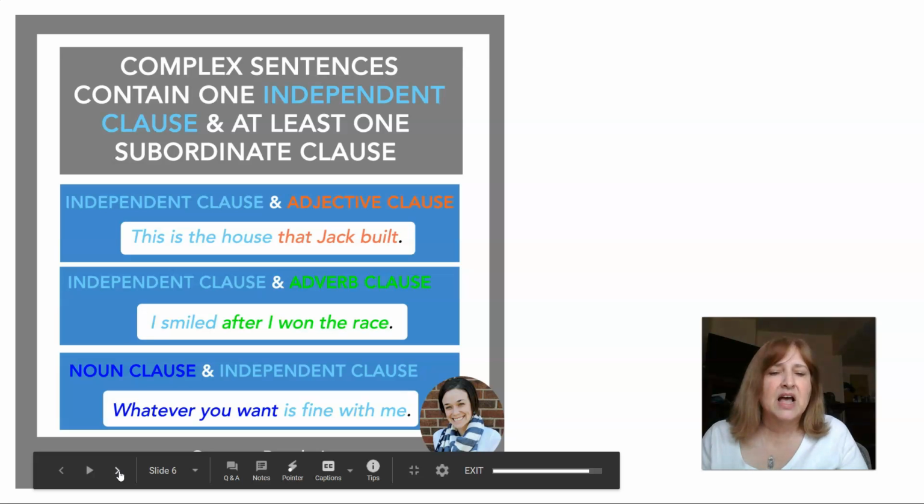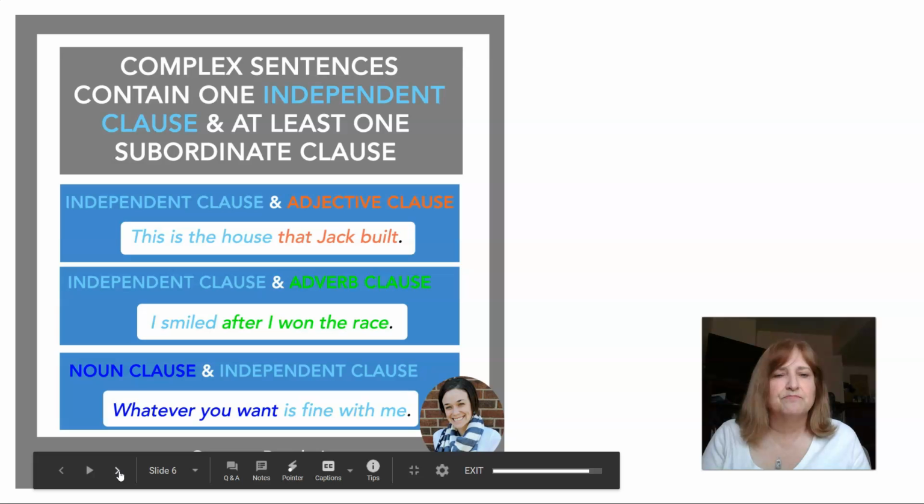All right, as far as complex sentences go, these are sentences that have one independent clause and one dependent clause. What makes that other clause dependent is it has a subordinating conjunction or some other kind of pronoun that's connecting it. So take a look at these examples.